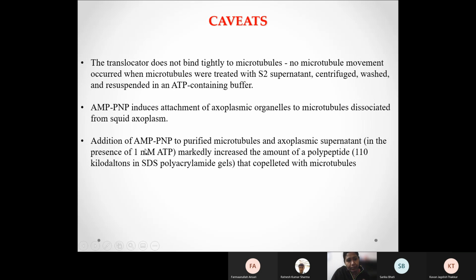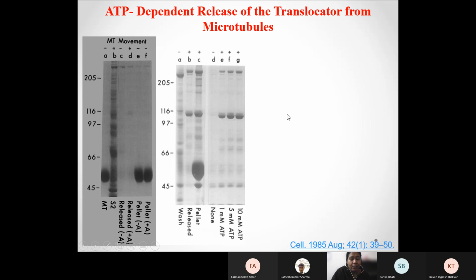Okay, addition of this non-hydrolyzable ATP analog to purified microtubules and the cell-free extract increased the amount of polypeptide that co-pelleted with microtubules. So again, first, if you have ATP, this event is quite transient in nature if you're seeing this in a cell-free extract.